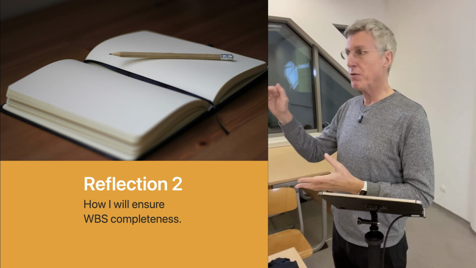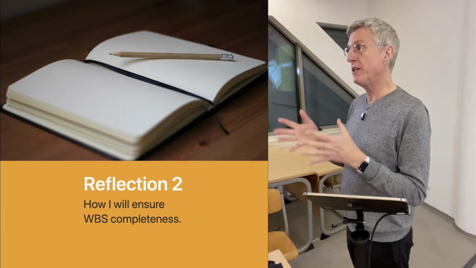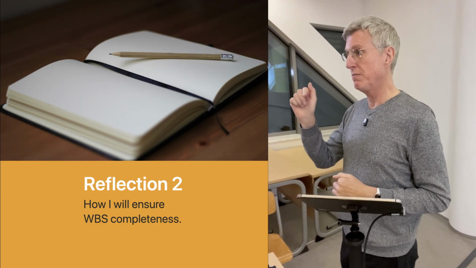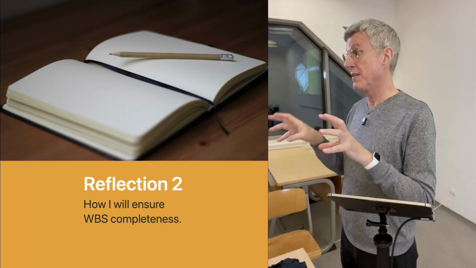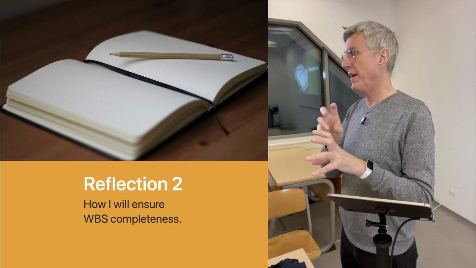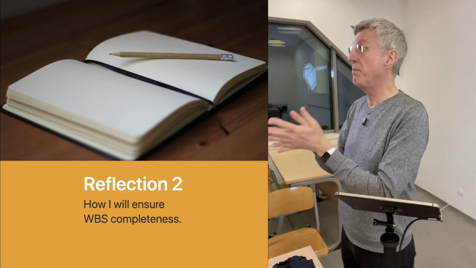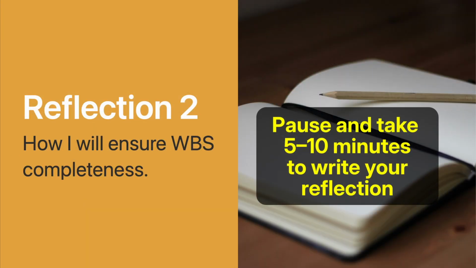And like with all these other ones, just think at a strategic level. What are you going to do to ensure that your work breakdown structure makes sense to your project, and that it will become, Brugesh, as you said, the backbone? Okay? So take about 5 minutes and write about that.